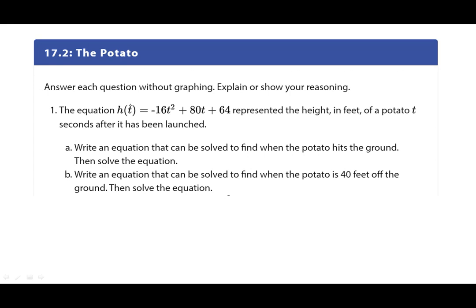So make sure that we know that we have h of t. Our function notation means time t seconds is our input, which is better referred to as our independent variable.